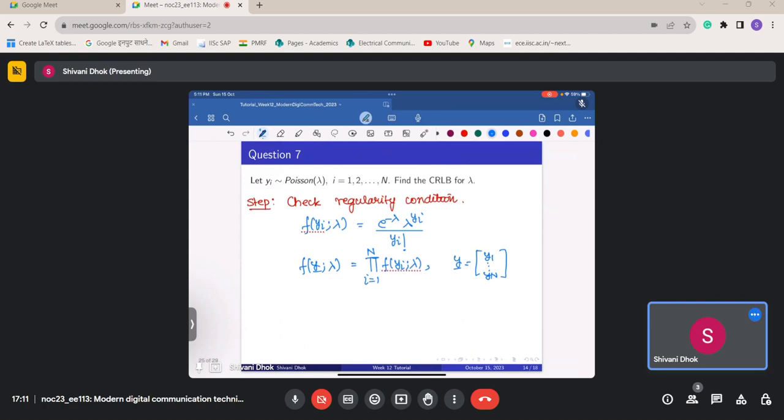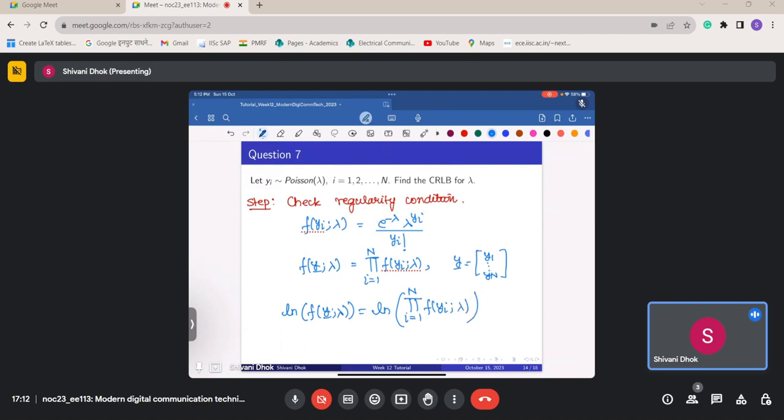Okay. So now for your regularity condition, we need to differentiate the log likelihood function. So let us first find your log likelihood function, that is log of f of y given lambda, which is equal to log of this product of i equal to 1 to capital N f of yi given lambda.